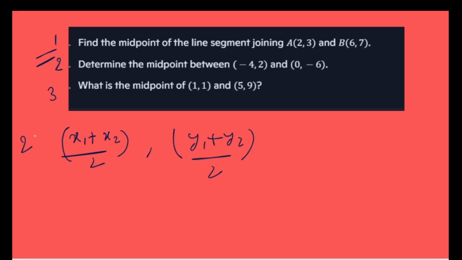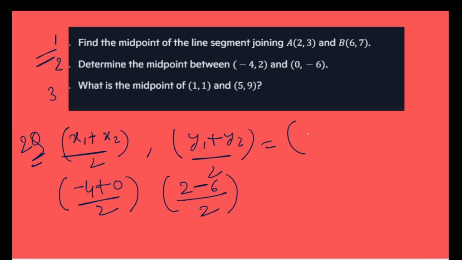For the second question, x1 is minus 1 plus 0 by 2, y1 is 2 minus 6 by 2. Plus plus is equal to plus, plus minus is equal to minus, minus plus is equal to minus, minus minus is equal to plus, if signs are there.